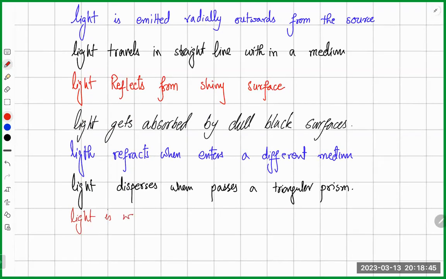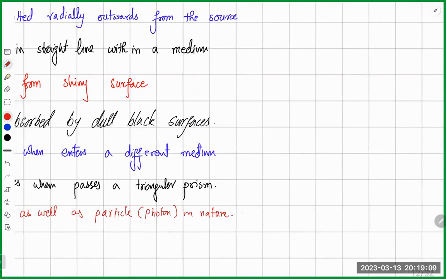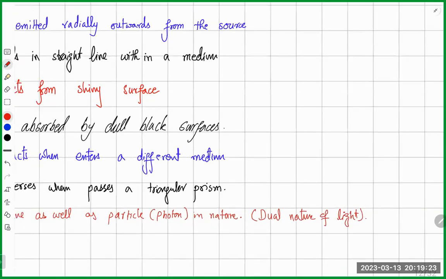Light is wave as well as particle in nature. Dual nature of light. So light is wave as well as particle.